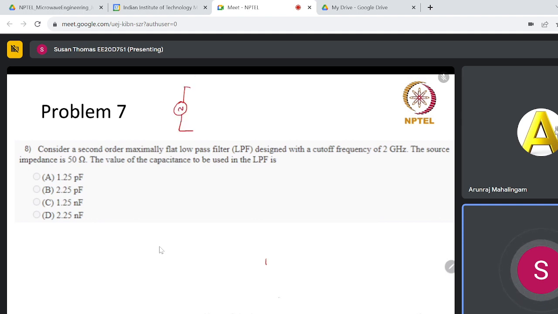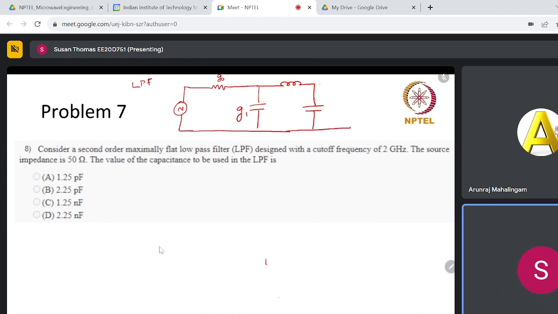say, this could be said as a source. Then you have G naught, and then suppose you are realizing a low pass filter, then the configuration would be something like this: G1, G2, G3, and so on.